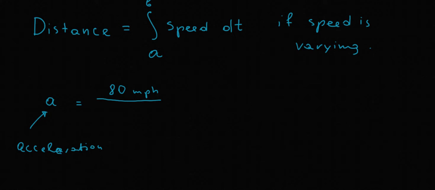But considering that the speed is in miles per hour, we're going to convert half a minute into hours. It's going to be 1/2 times, now 1 minute is 1/60th of an hour. So we will be dividing 80 by 1/2 multiplied by 1/60 hours.